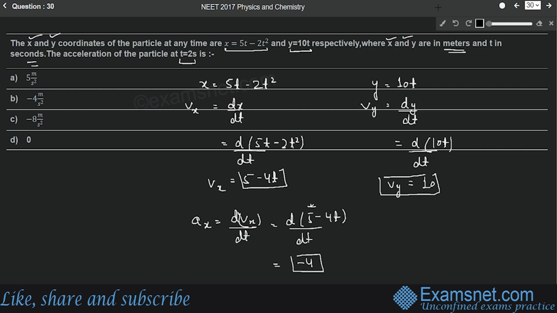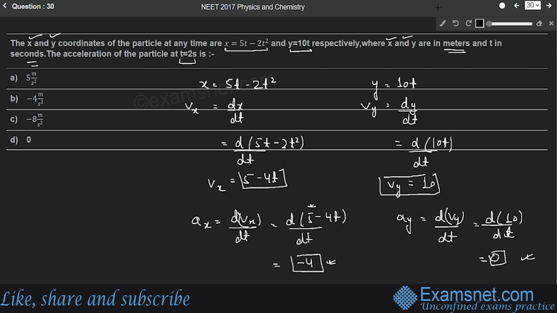And this side it will be dVy by dt. That means we have to differentiate a constant only, 10, right? So the differentiation of constant is 0. So this will be 0. That means the y component of the acceleration here in this case is 0. Only minus 4 is the acceleration.